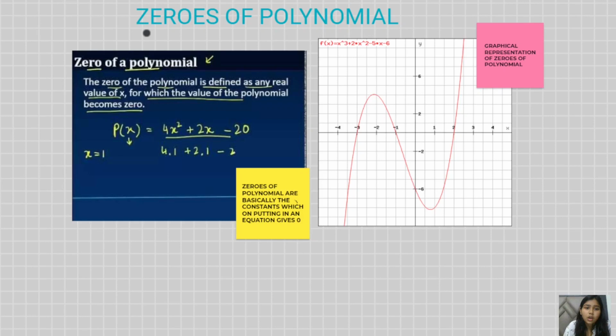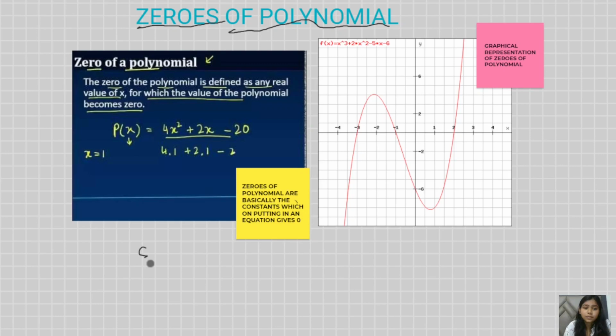What does it exactly mean? The zero of a polynomial is defined as any value of x for which the value of the whole polynomial becomes 0. So let's repeat the definition. It is any constant value of x for which the value of the whole polynomial becomes 0. I've also written here that zeros of polynomials are basically the constant terms which, on putting in an equation, give 0. So let's have an example.